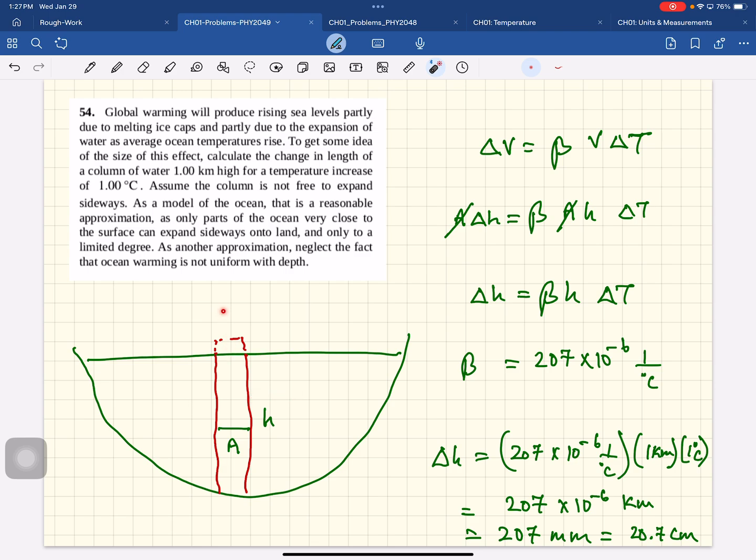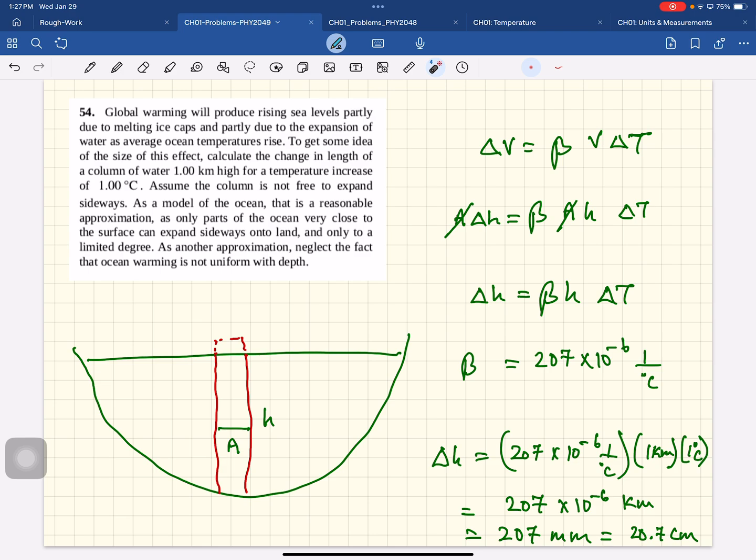So all of the increase in volume is going up there. So if you let this increase, then the length would increase by 1/3 the factor. So you're not letting it get fat, you're only letting it get taller.